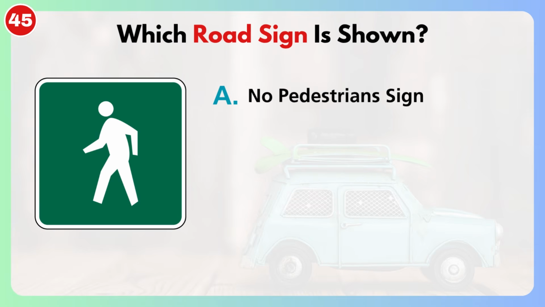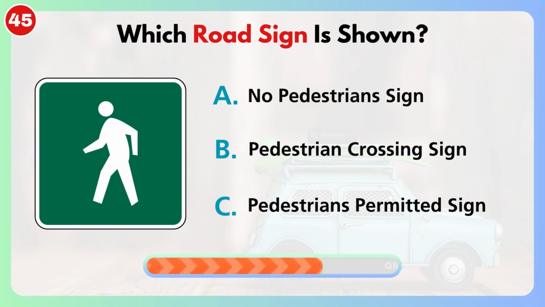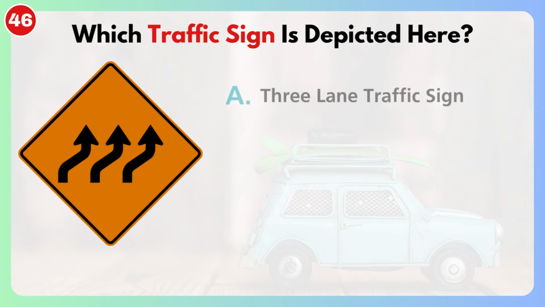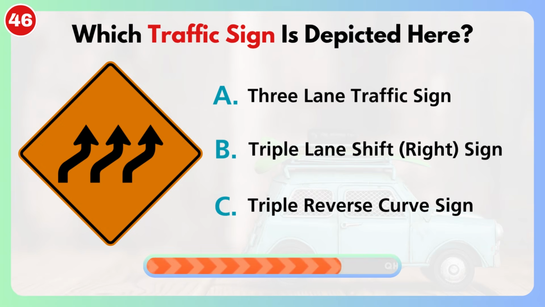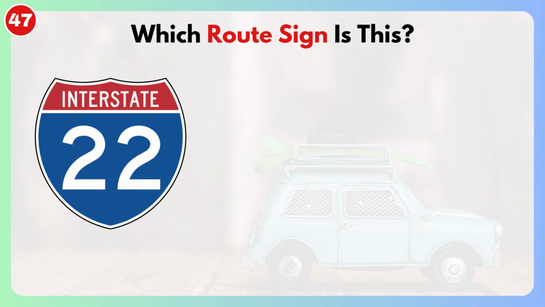Which road sign is shown? Pedestrians permitted sign. Which traffic sign is depicted here? Triple lane shift, right, sign. Which route sign is this?